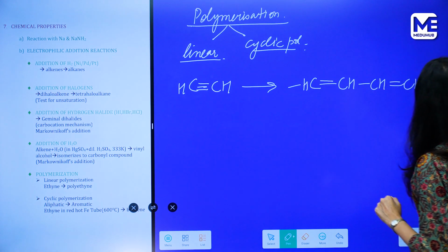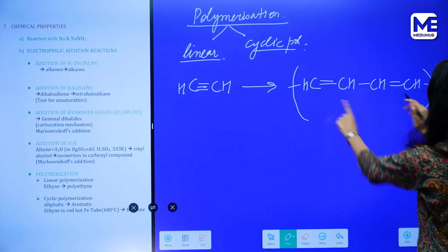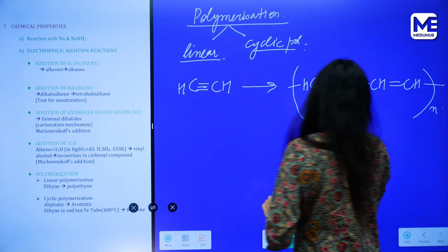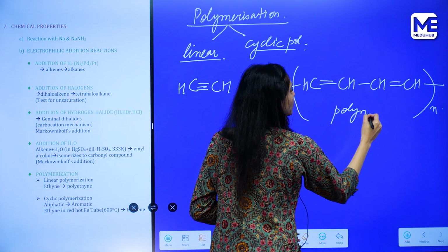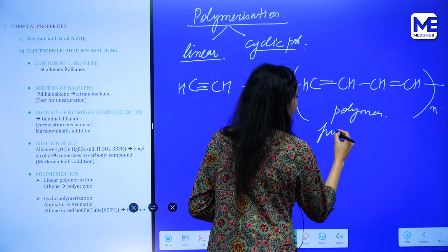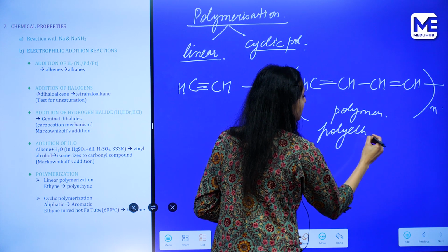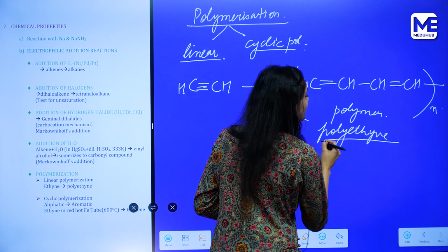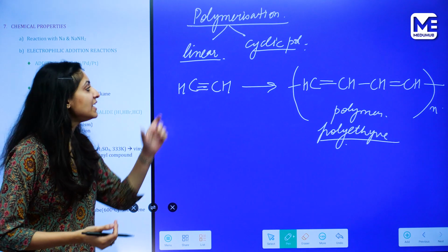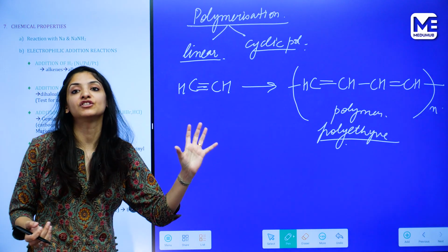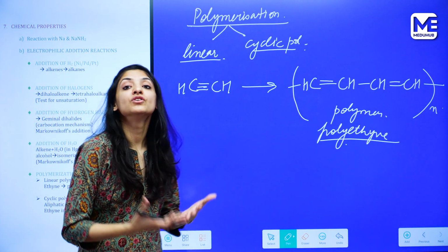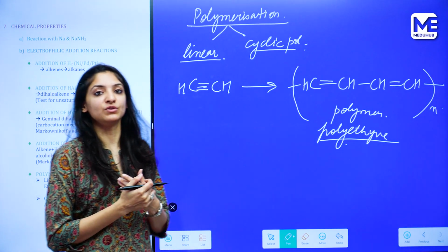One, two, three, four, and these units, this monomer will be repeated to give us this polymer, which is called polyethylene or polyacetylene. This is a very important polymer, and under suitable conditions, it also conducts electricity. So it is used in electrodes in batteries also.